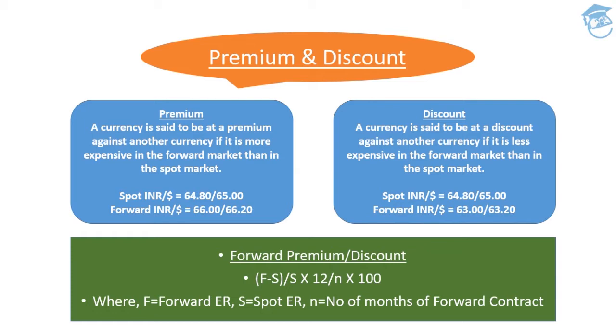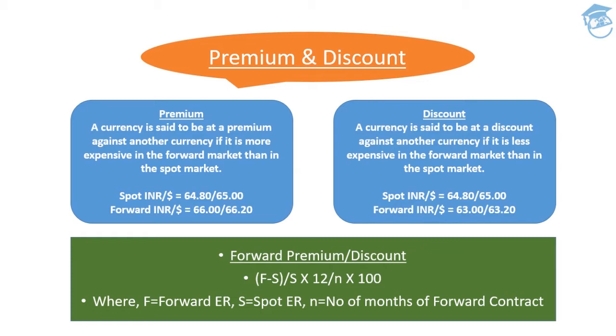For example, let's suppose I am willing to purchase some dollars. The dollar rate available in the market today is 64.8 bid and 65 ask. If I represent it in Indian rupees, I need to pay 65 rupees out of my pocket to purchase $1. Now take a forward rate of, let's say, 2 months.